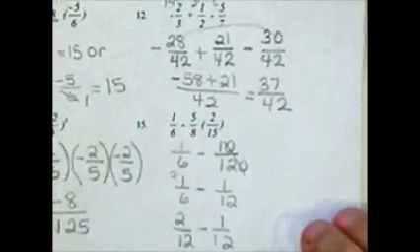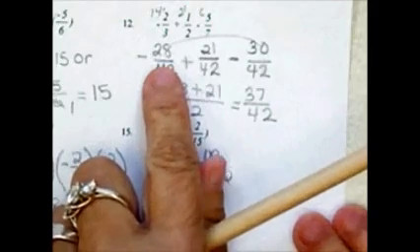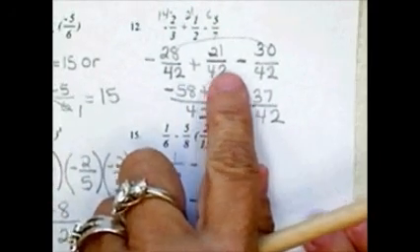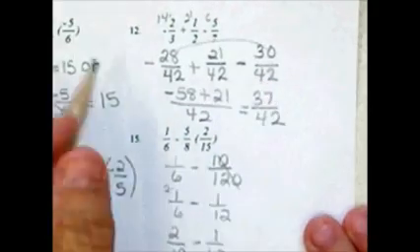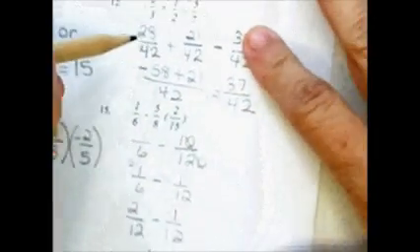All right, I have negative 28 plus 21 minus 30. Now here's what I did first. I looked at this and said, a lot of people will do it in order left to right, and that's okay.